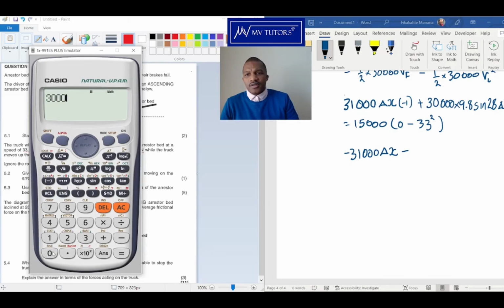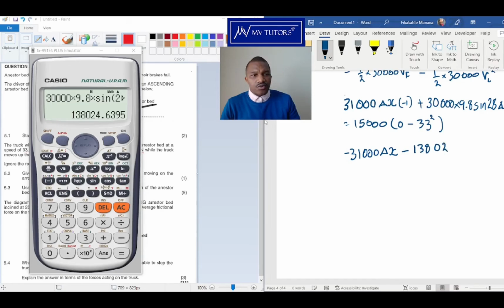It's 30,000, just to clean it up, times 9.8 times the sine of 28. Okay, so then I will have that number, minus 138,024.6395. I'll write the whole number because I want to be as accurate as possible.